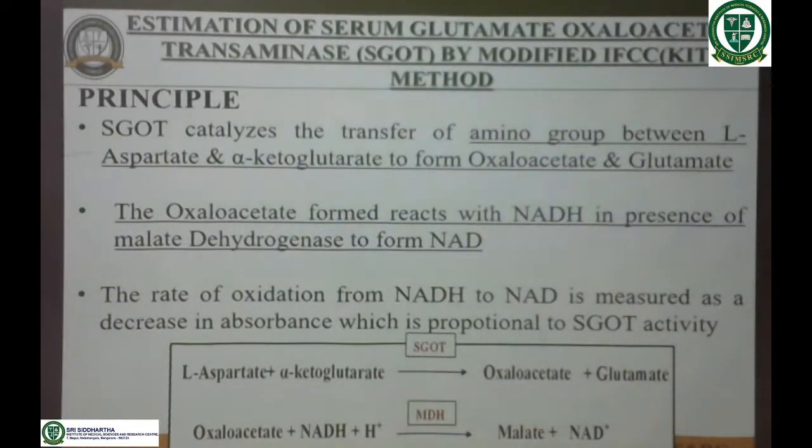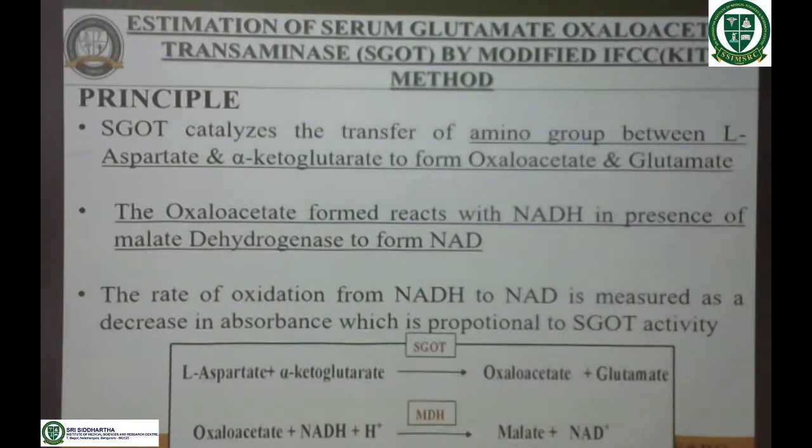The decrease in absorbance is directly proportional to the concentration of SGOT in the given sample. Whatever NAD plus is formed in the reaction decreases the absorbance, so the OD values are directly proportional to the SGOT activity in the given sample.